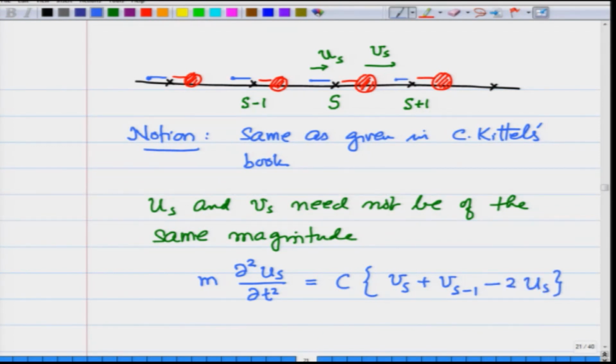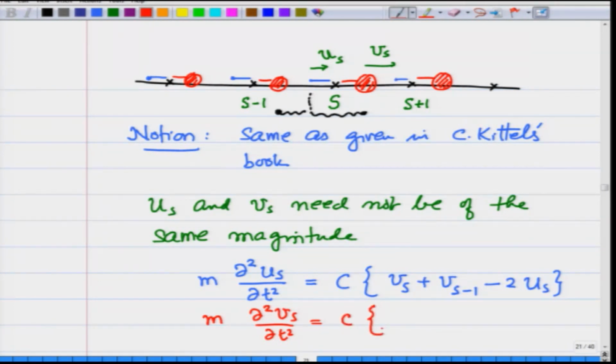Because if you look at the picture, this atom at the Sth site is interacting with this atom and the previous atom. So it is interacting with the atom at the Sth site itself, and the other atom in the previous site. Similarly, for the orange atom, the acceleration is d2 v s by dt square is equal to C.